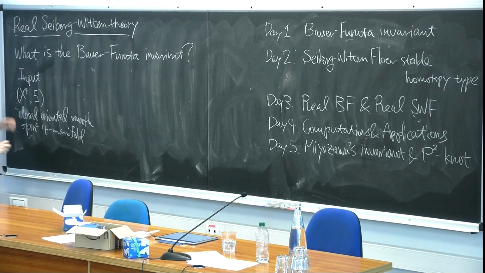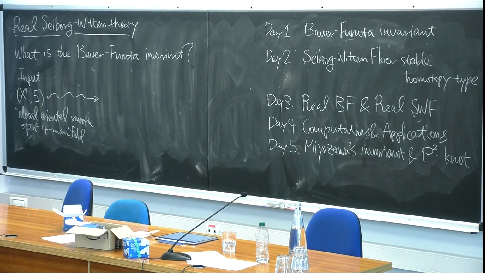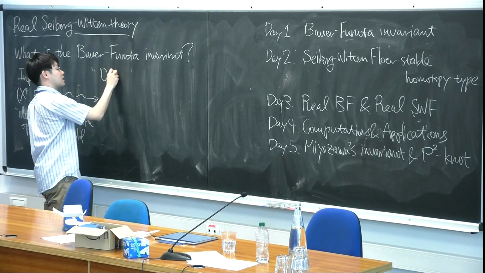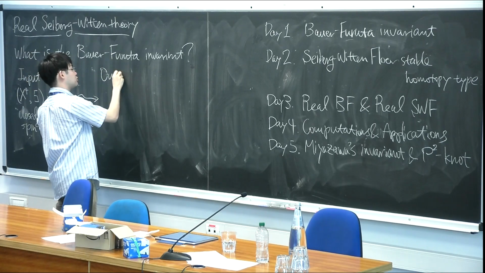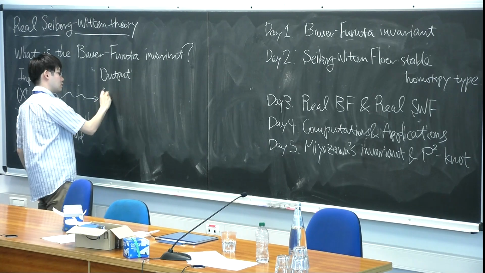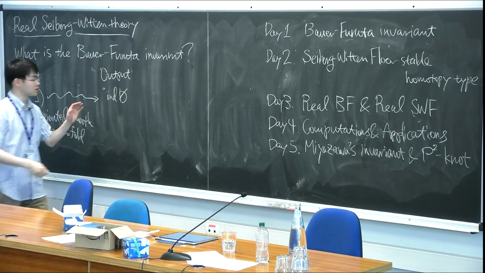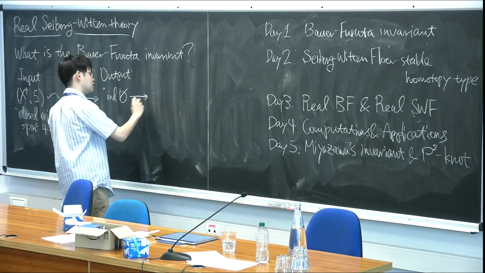So a spin-C structure is a sort of structure which is a lift of the orientation to something higher, which I will explain. And the Bauer-Furuta invariant gives you something out of this later. So the output is, morally speaking, a map. Everything might be new for you, so I will explain the whole thing.